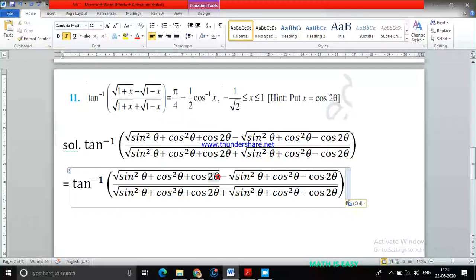In place of cos 2 theta here, if you remember the cos 2 theta formulas, there are 4 formulas. Out of those, one formula is cos 2 theta equals cos square theta minus sin square theta.